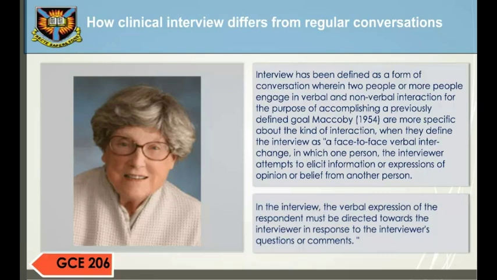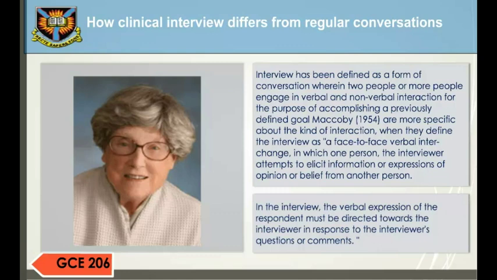goal. Maccoby, 1954, are more specific about the kind of interaction when they define the interview as a face-to-face verbal interchange in which one person, the interviewer, attempts to elicit information or expressions of opinion or belief from another person.